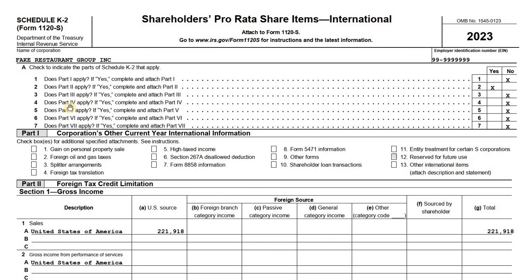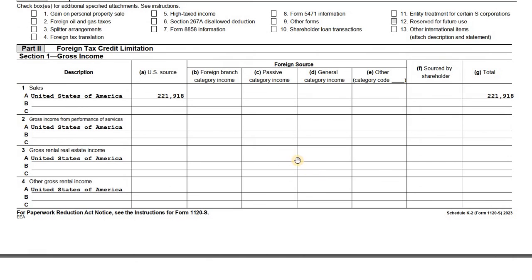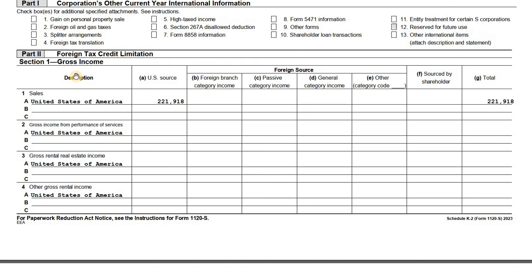So the only thing we are doing here is part 2, right? So we're doing a part 2 for gross income and then expenses. And so we'll go through this really quickly here. So gross income, sales, $221,918. So sales, when we talk about gross income under the tax code, it's actually defined as gross revenue net of cost of goods sold.